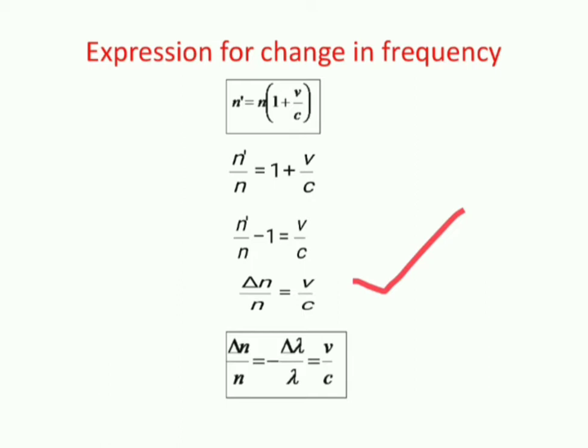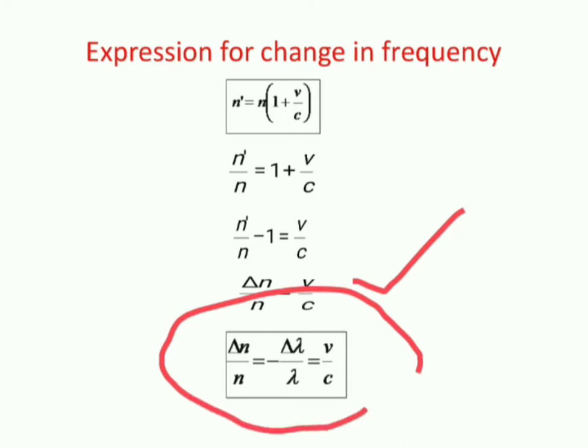So because of this, you can modify this formula for Doppler's phenomenon as this relation: delta n by n is minus of delta lambda by lambda. Delta lambda is the change in wavelength, delta n is the change in frequency. It should be V divided by C. So you can make use of this relation when V by C is much lesser than 1.